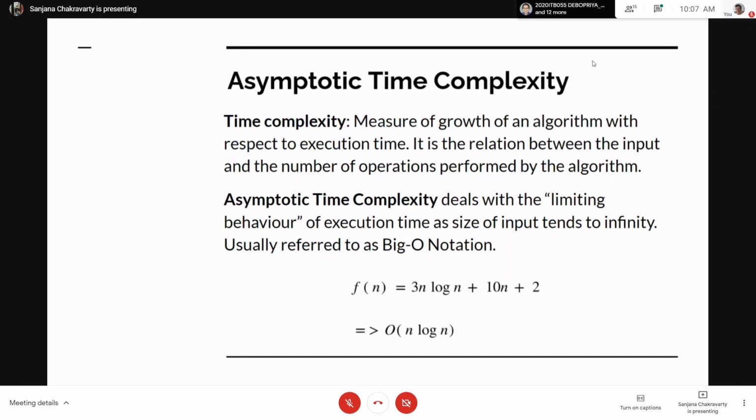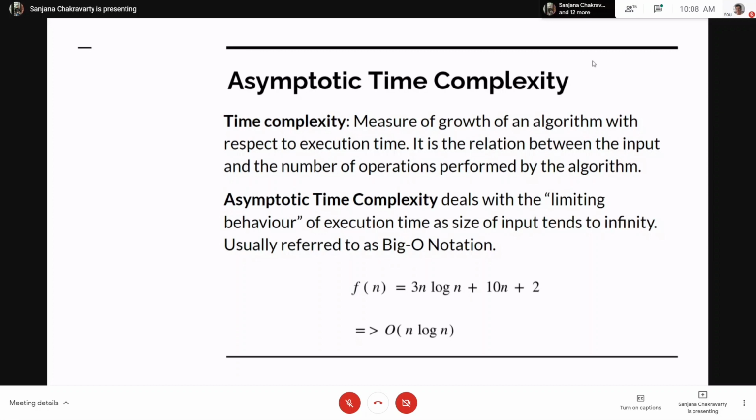We're not interested in the small picture. We want to know, when this n grows infinitely, how is my algorithm doing? So when I mention time complexity today, we will be talking about asymptotic time complexity. Just assume that whenever I say time complexity, it's asymptotic.